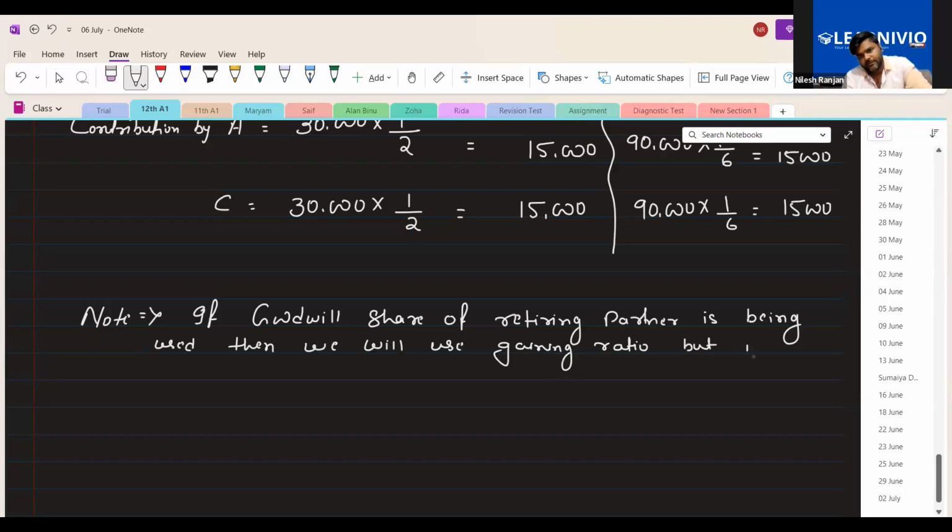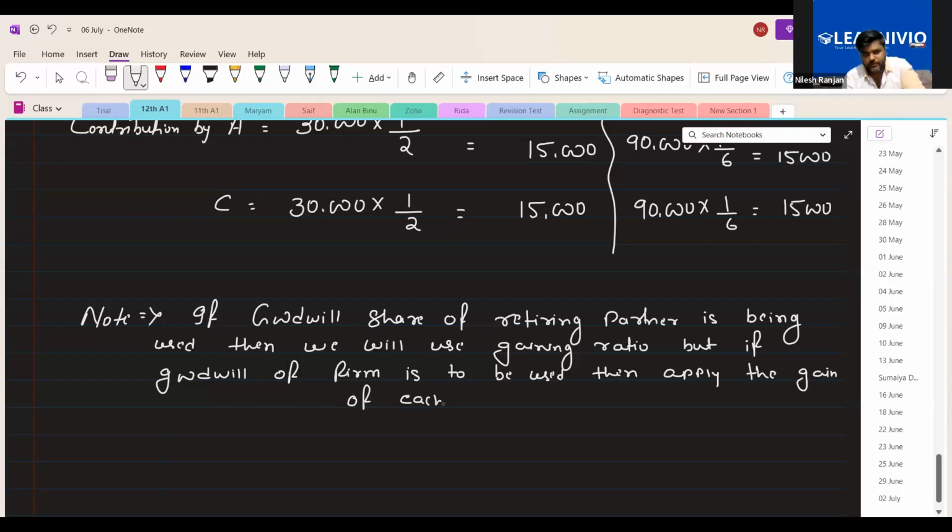But if the goodwill of the firm is to be used, then apply the gain of each partner, the fraction.